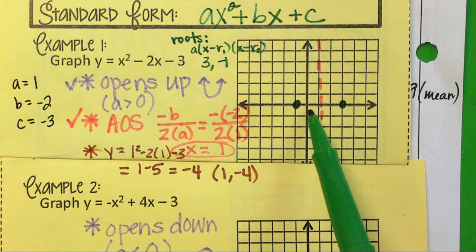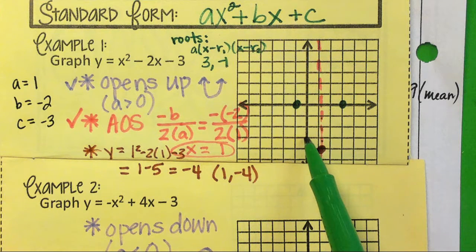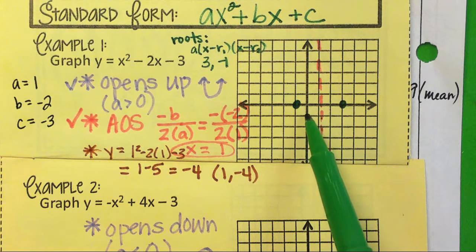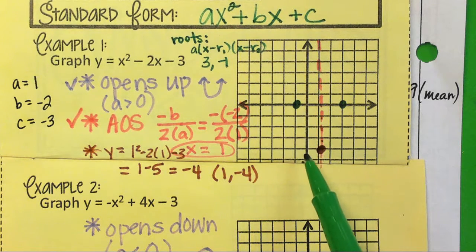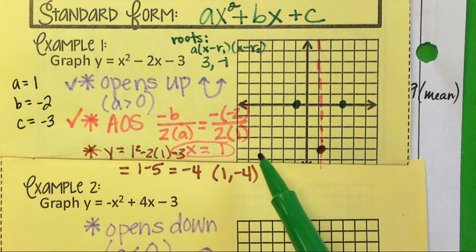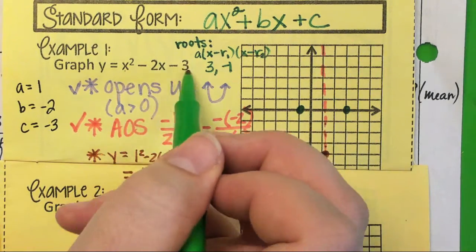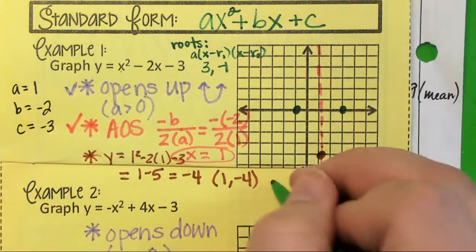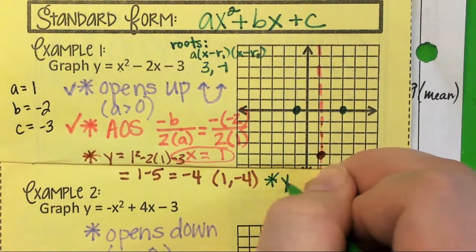Okay, so I'm looking to see where it crosses the y-axis. And if I'm looking for an ordered pair, does it cross here? That would be 0, negative 1. Does it cross here? That's 0, negative 2. That's 0, negative 3. That's 0, negative 4. We know it crosses somewhere in there. What number did I start off with every time? 0. So we could plug in a 0 instead of plugging in a 1 if we're trying to figure out that y-intercept.